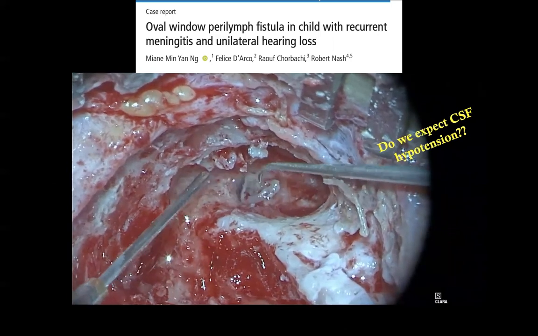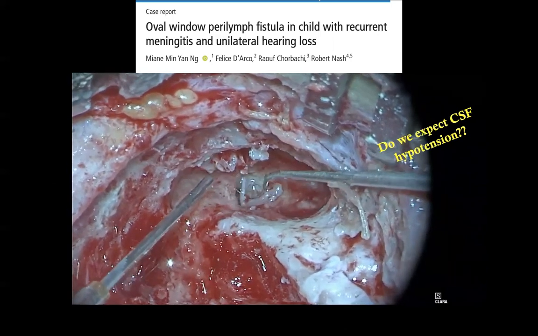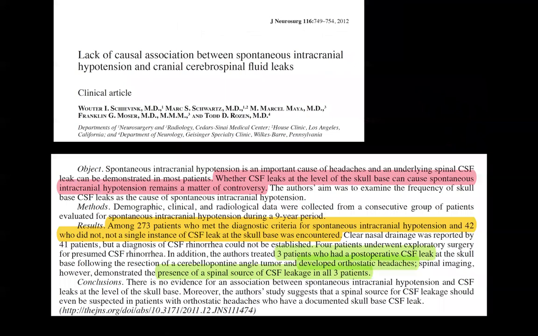Question is, do we expect CSF hypotension? The answer is no, because of pressure reasons, the change of the pressure gradient at the level of the C-spine. CSF hypotension is always due only to CSF leaks in the spine. There is no association between CSF leaks on the skull base and CSF hypotension.